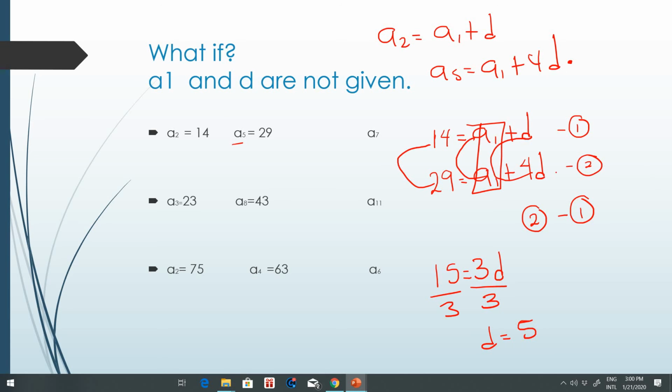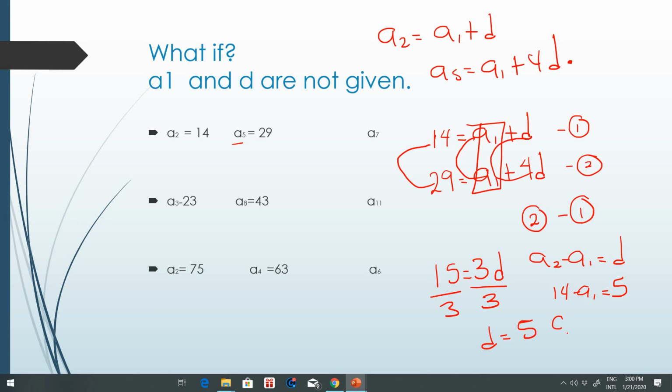And what's A1? So remember, you can just say A2 minus A1 is D. So 14 minus A1 is 5. So obviously you can see here 14 minus 9 is 5. So A1 is 9. Let me just put it here.